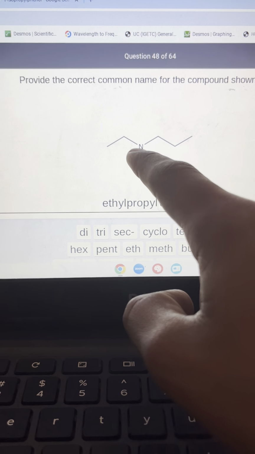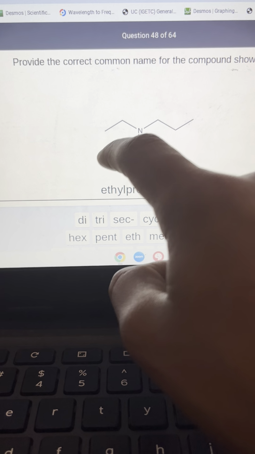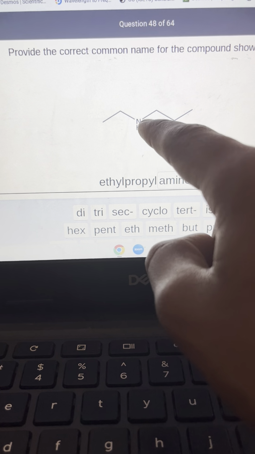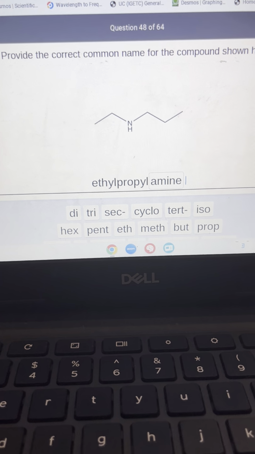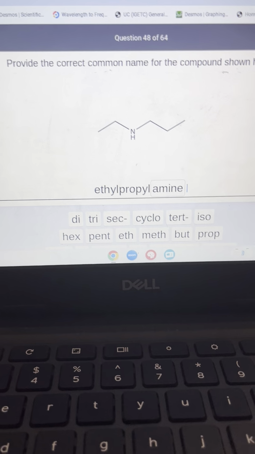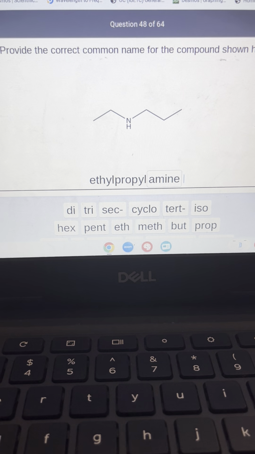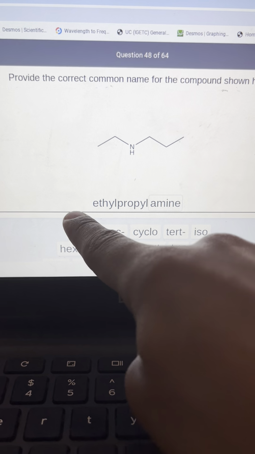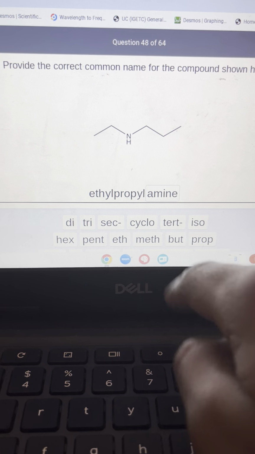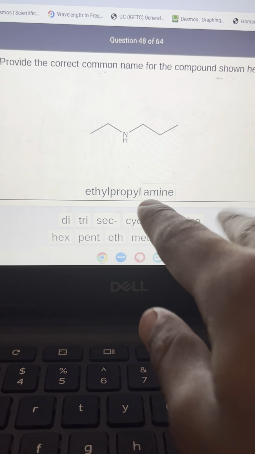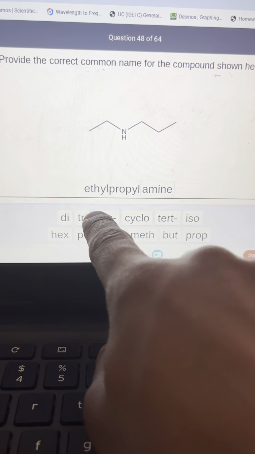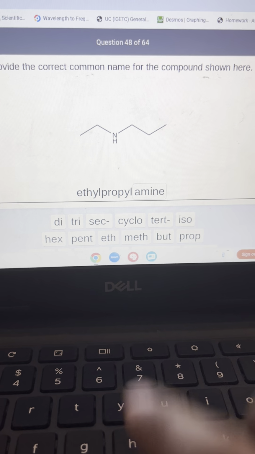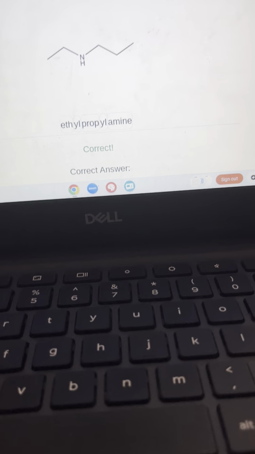But it's connected to an ethyl, then also a propyl, 1, 2, 3. So we put the amine down. And remember, always go in alphabetical order when you're putting things before this. So E comes before P, so you're going to put this ethyl first, and then the propyl, just like that.